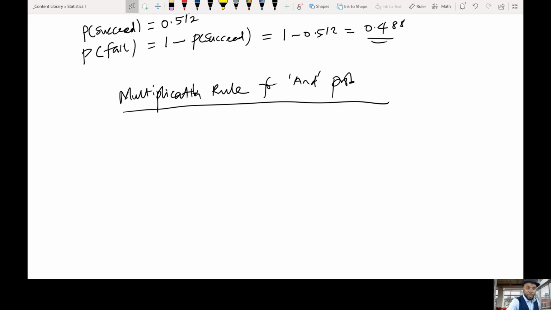Previously, the probability of A and B occurring in a single trial was impossible. But here we're saying, what's the probability of A occurring and then B occurring? Think of it as "and then," so in successive trials.